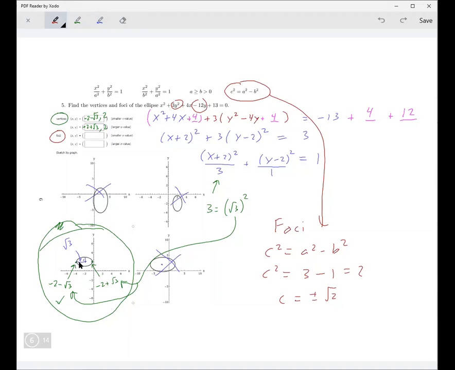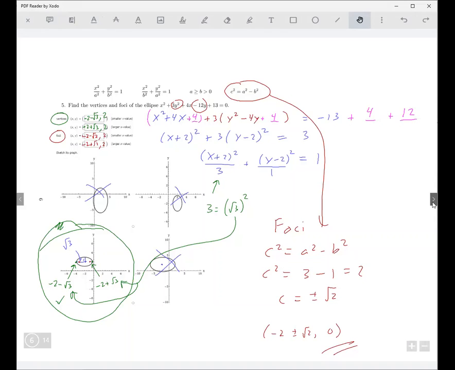And so that means that the foci are going to be right here and here. And the one's going to be -2 minus root 2, comma 2, and -2 plus root 2, comma 2. Okay, any questions about that? Okay, so there's both of them together.